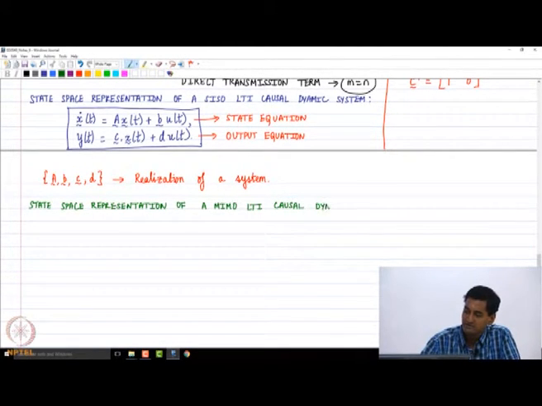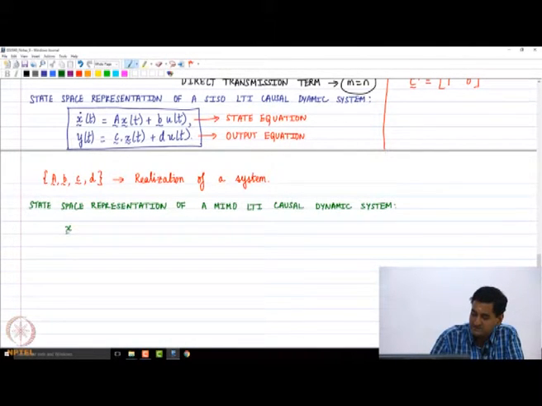What happens in the case of a multiple input, multiple output dynamic system? x dot of t is going to be equal to A x of t plus capital B u of t.